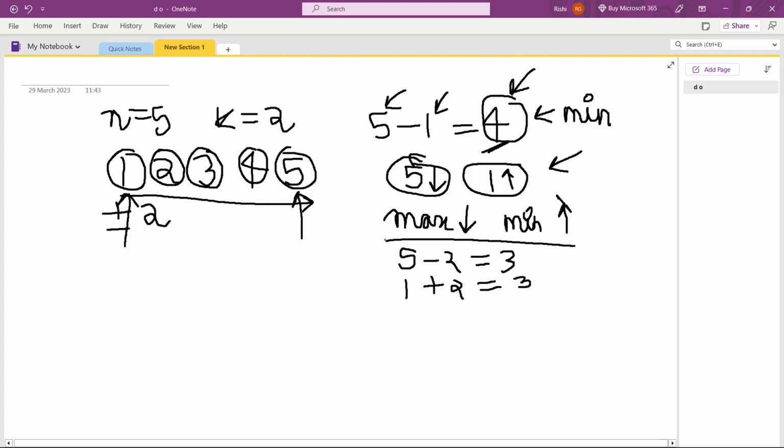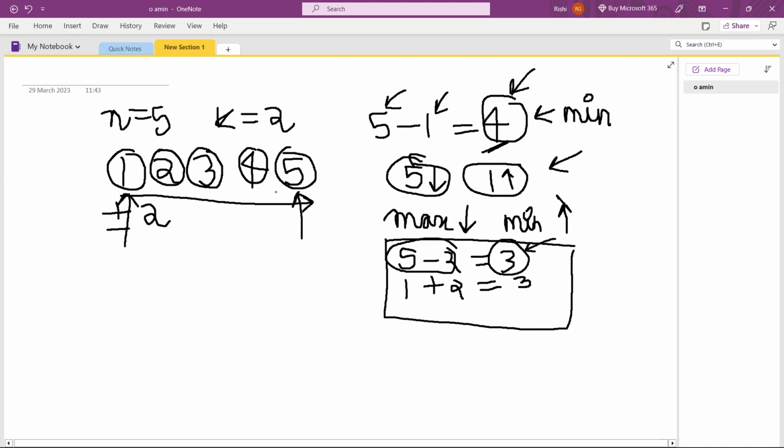Now we can say that we can do this, but it is not always the case. We are subtracting 2, but it is not always the case that 3 will be our maximum, because we have to perform the operation on every element.